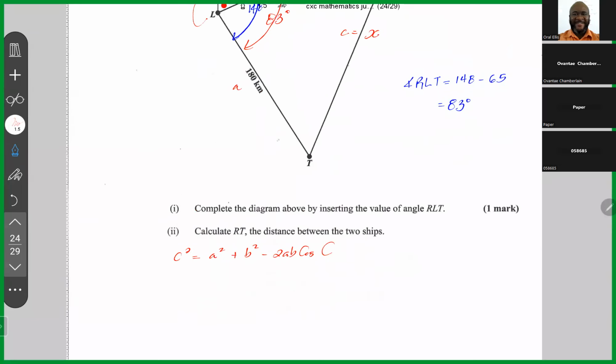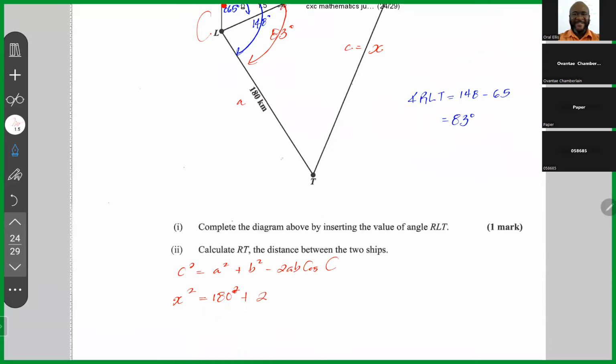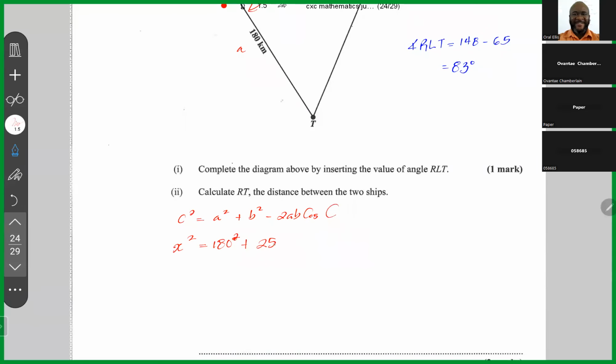So putting in everybody, we have little c, which is x squared, is equal to 180 squared plus 250 squared minus 2 times 180 times 250 times the cosine of the angle between them, which is 83 degrees.